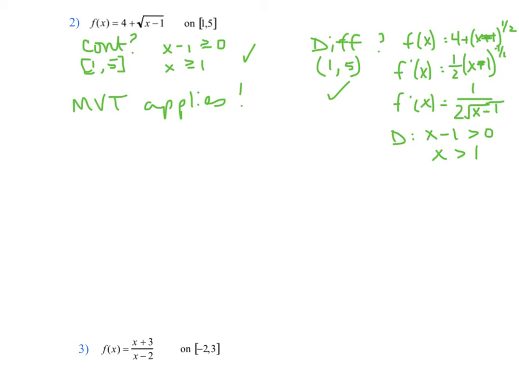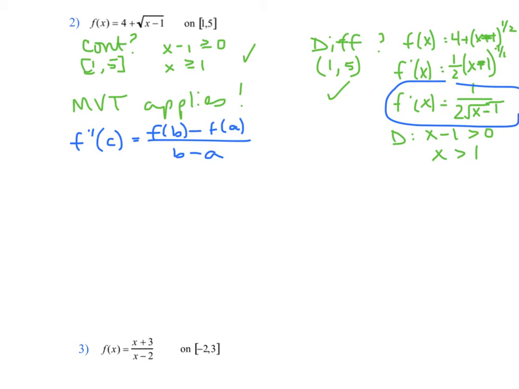Now we're going to actually find the value of c that is guaranteed by the mean value theorem. So how do I do that? I write down my formula. f prime of c is equal to f of b minus f of a all over b minus a. You already found the derivative, so take that but replace the x with a c. So 1 over 2 times the square root of c minus 1 is equal to, now I need f of b. f of 5 is equal to 4 plus the square root of 4, which is 2, so 6.